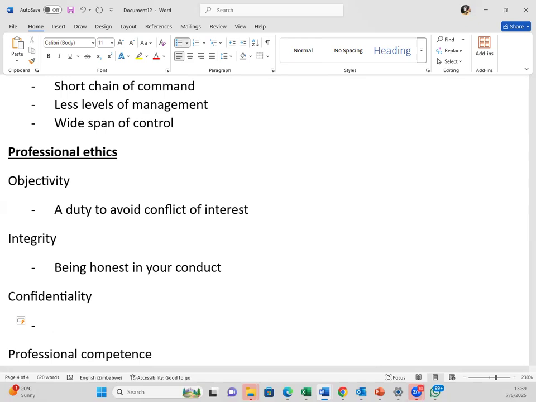So confidentiality is having a duty not to disclose information that you have not been given the authority to disclose. So the duty not to disclose information without approval.